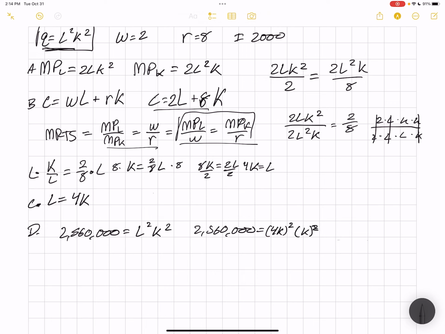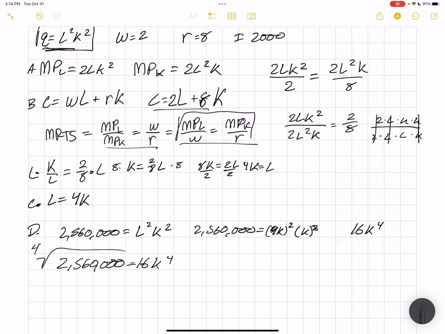So we can do some things with this. First of all, we can combine our like terms, and that's going to give us 16K to the 4th, because 4 squared is 16, and then we combine it with this one, so we get 16K to the 4th. So 2,560,000 is equal to 16K to the 4th.